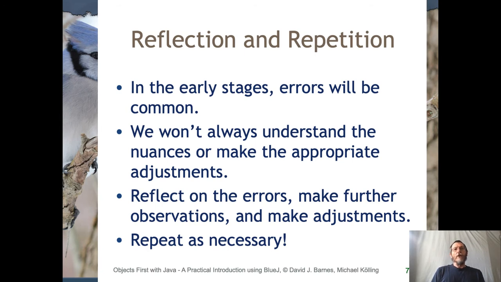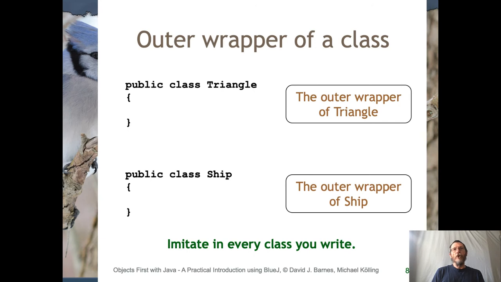So let's start thinking about and looking at parts of the source code of some classes that we're already familiar with. So here we've got the outer wrapper of the triangle class and the ship class. And you should be able to see fairly easily that there's very little difference between the outer wrappers of those two classes.